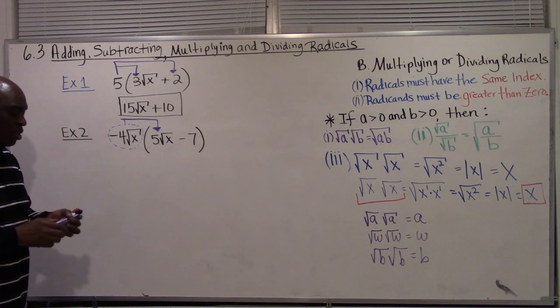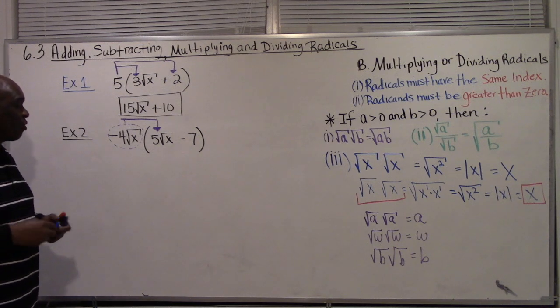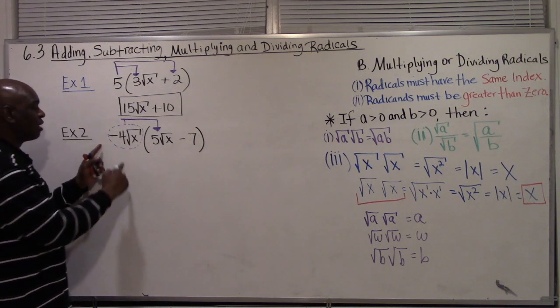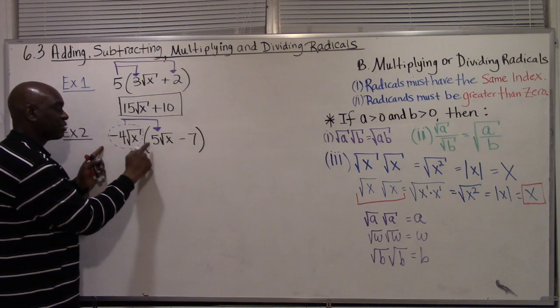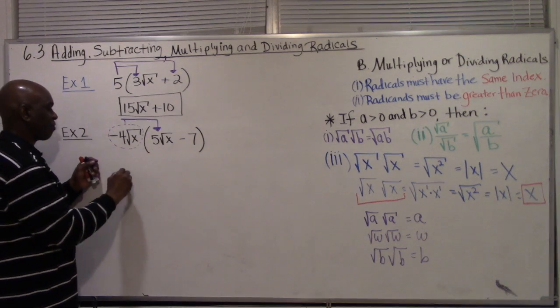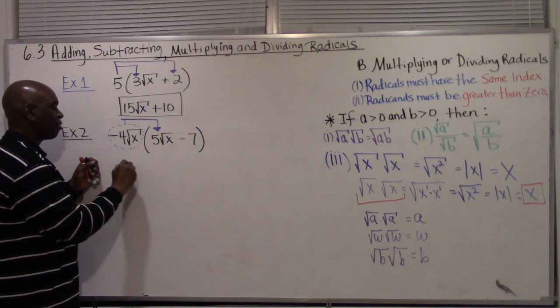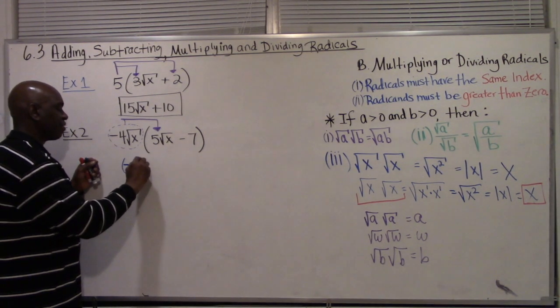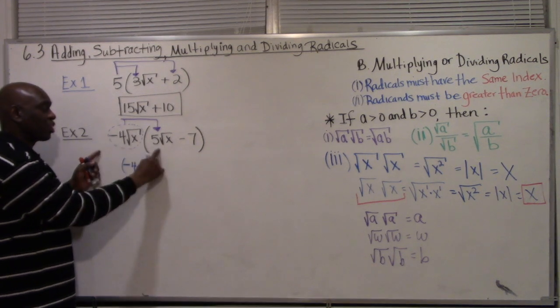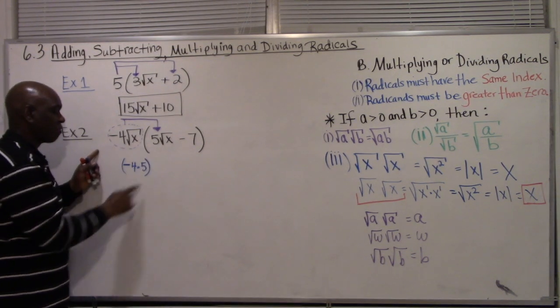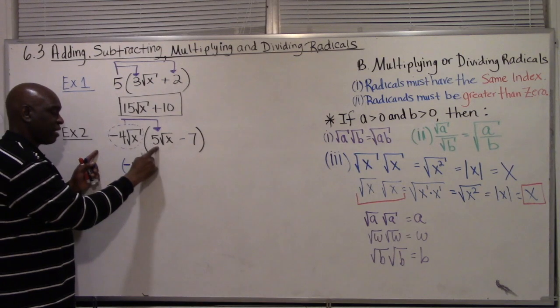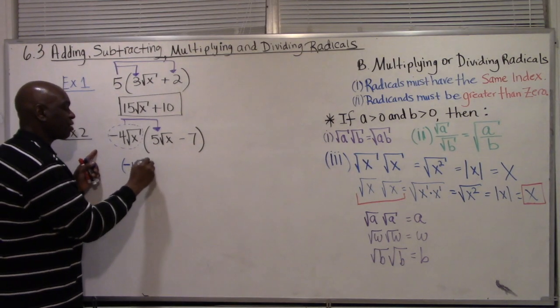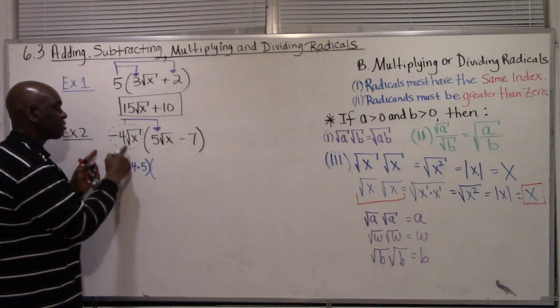All right? So what we're going to have, first we have to look at what? -4 times 5. So it's going to be -4 times 5, because you multiply the coefficients.